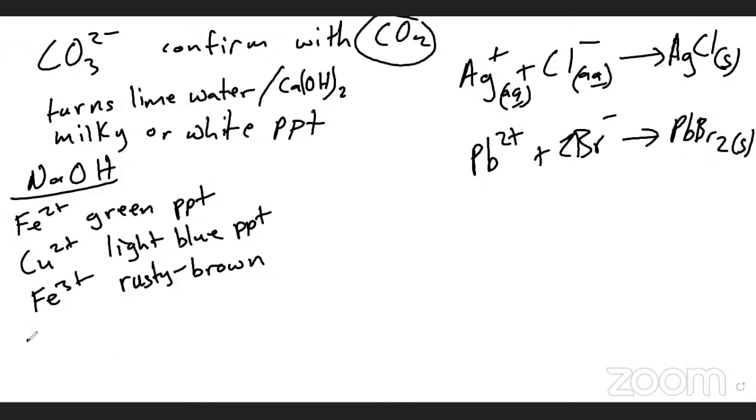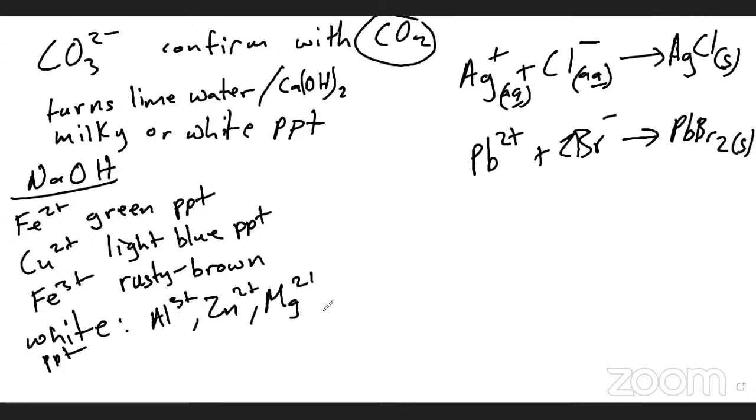For white precipitate, it can be aluminum, zinc, magnesium, calcium, lead.